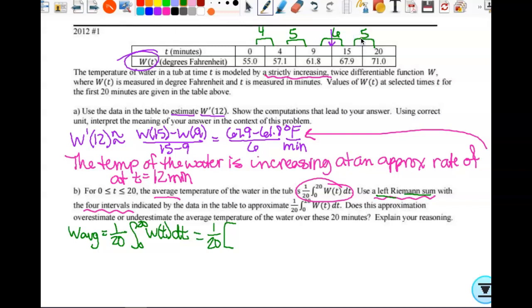Okay. So my first one's going to be 4 times what? 55, because it's a left Riemann sum. If it was a right Riemann sum, what would that number be instead? 57.1. Very good. Plus 5 times 57.1, plus 6 times 61.8, plus 5 times 67.9.